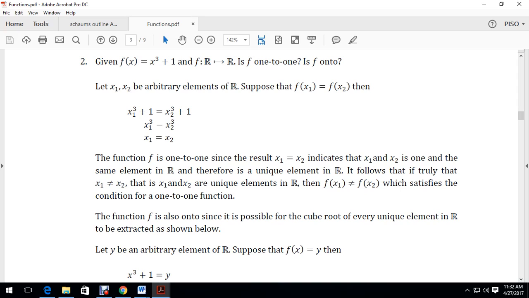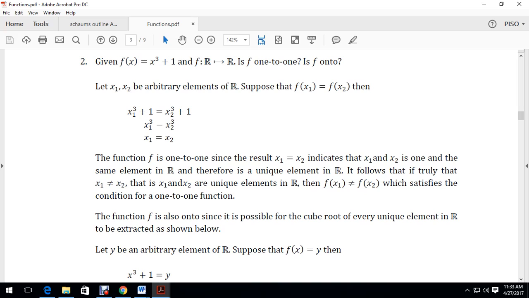Now if we assign the elements x sub 1 and x sub 2 as elements in R, and suppose f of x sub 1 is equal to f of x sub 2, then if we plug in these values in our given equation, this becomes x sub 1 cubed plus 1 equal to x sub 2 cubed plus 1.